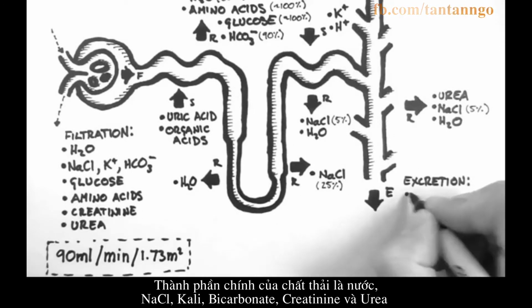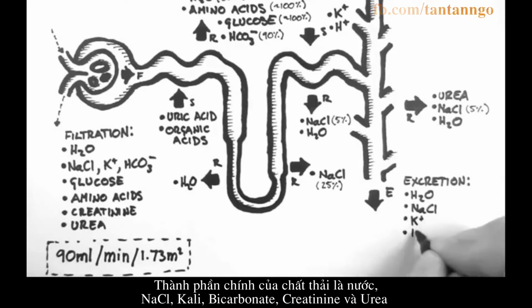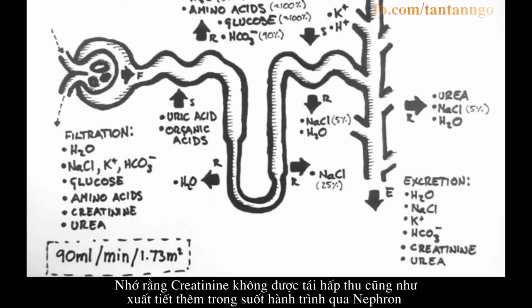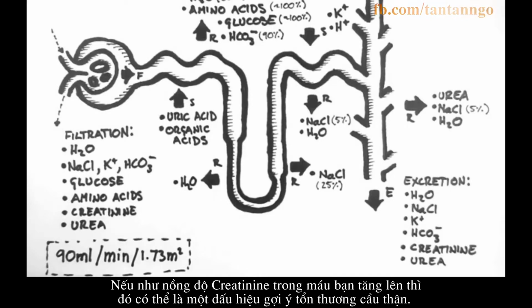The components of excretion are mainly water, sodium chloride, potassium, bicarbonate, creatinine, and urea. And note that creatinine is not reabsorbed or secreted along the nephron. This is why it is used as a marker of the glomerular filtration rate. For example, if the level of creatinine in your blood begins to rise, it may suggest there is a problem with filtration in the glomerulus.